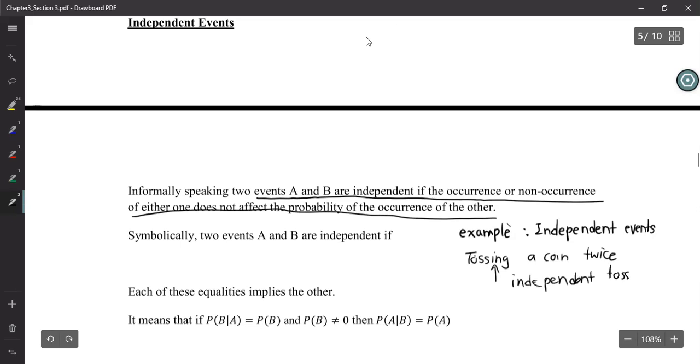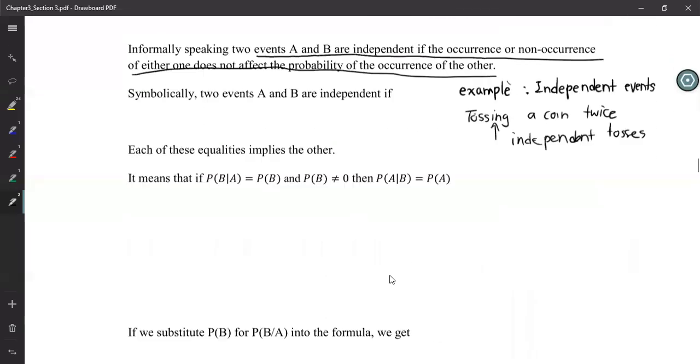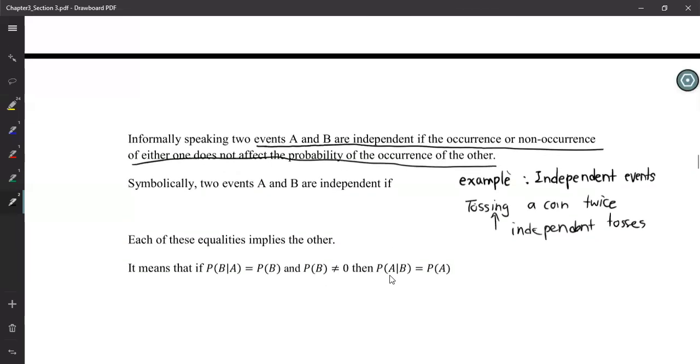Why? The probability of getting head or tail for the second toss does not depend on whether you got a head or a tail in the first toss. We do not know what will happen. So they are completely independent from each other. So we say symbolically that two events are independent.